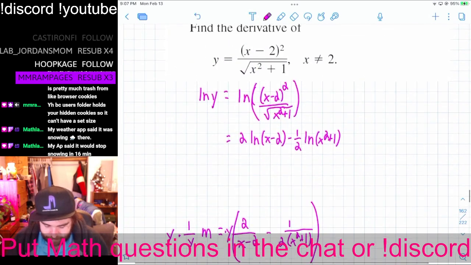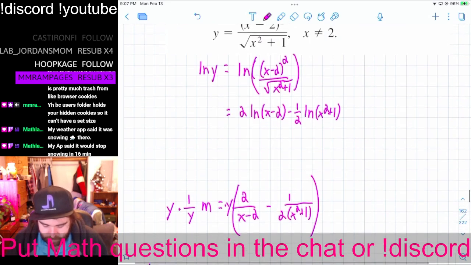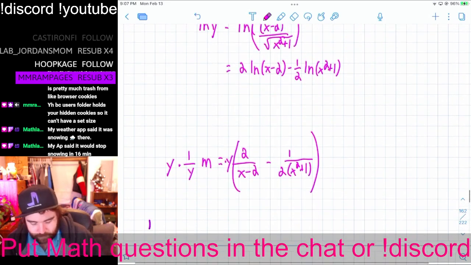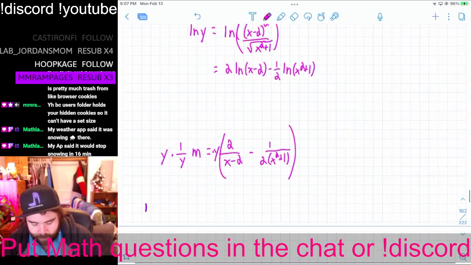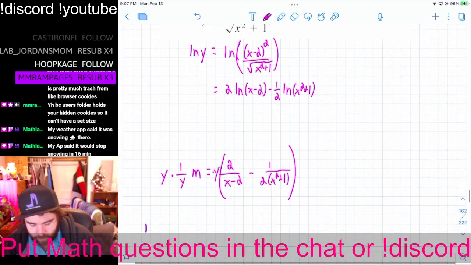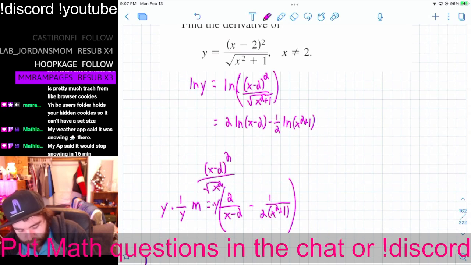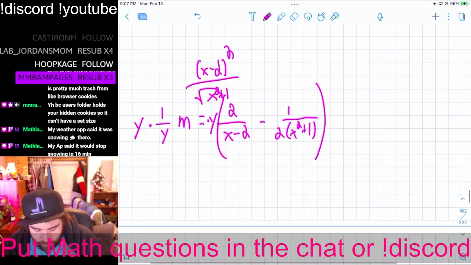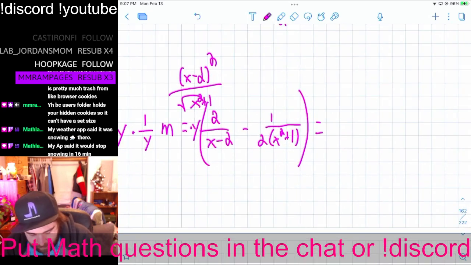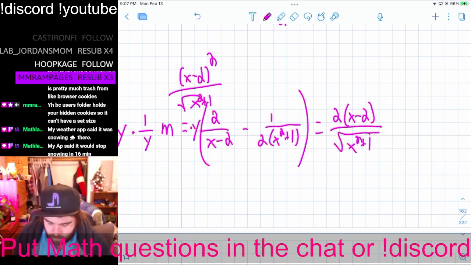And is that wild? I mean, kinda. I don't know how far they want us to go with this. Because now if we multiply both sides by y, should I try to distribute it too? I mean, so y is x minus 2 squared over root x squared plus 1. So if I distribute that to the first one, I'm going to have 2 times x minus 2 on top, and then the root x squared plus 1 on the bottom.